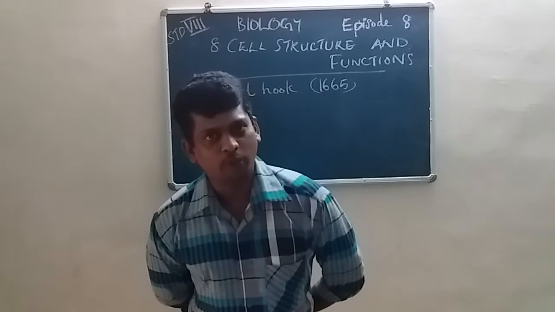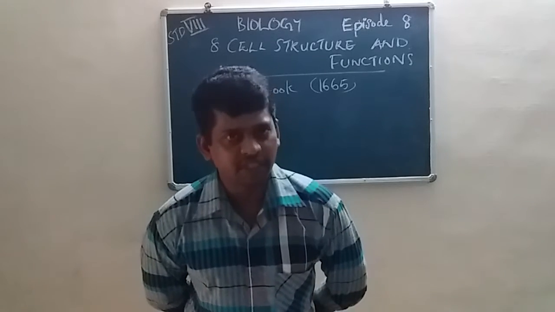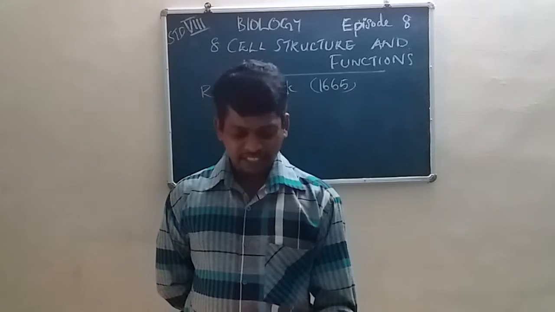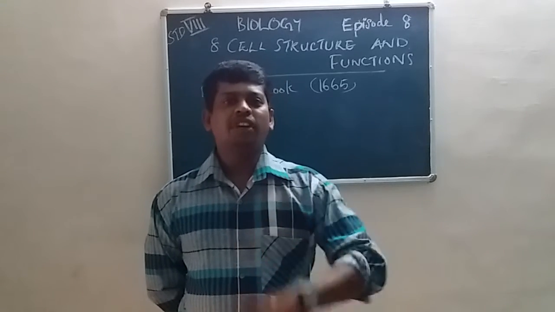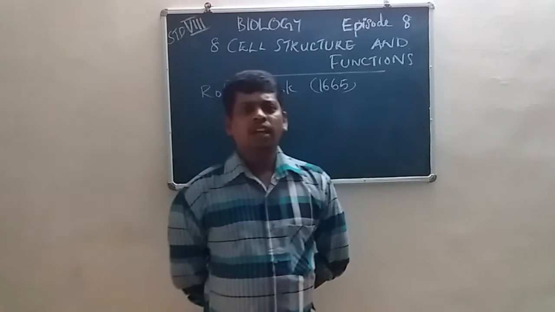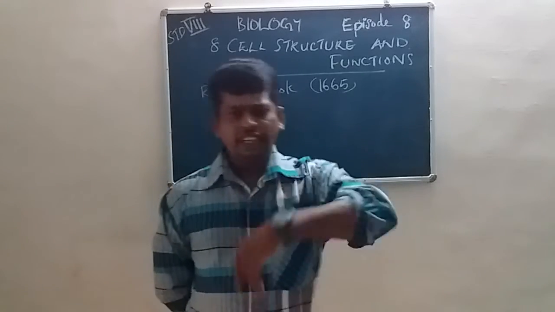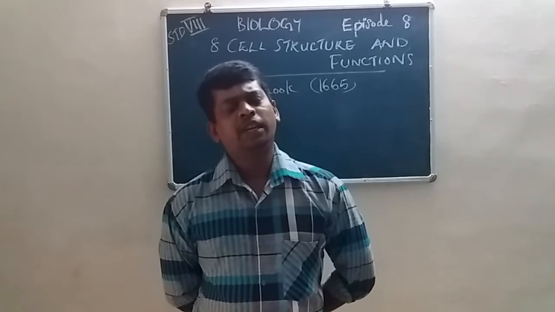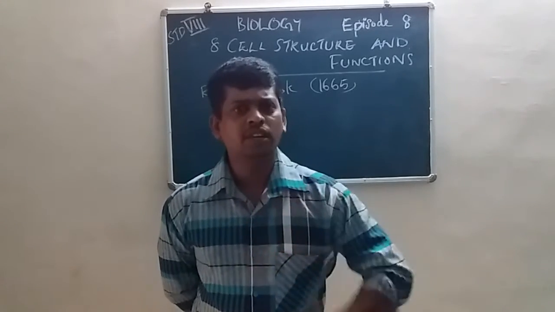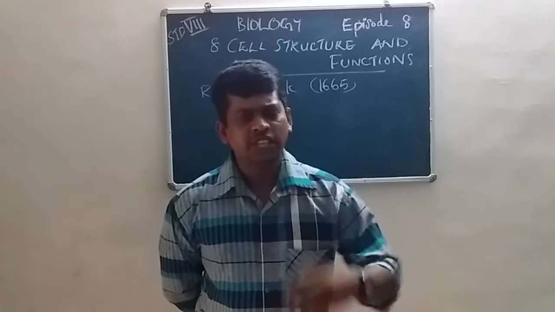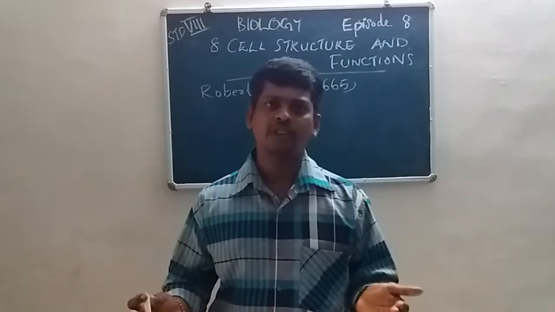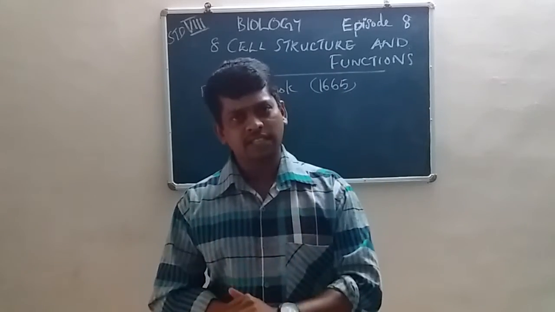Okay, in this chapter we already studied some cell functions and structures. Then we learned about single cellular organisms and multicellular organisms. Single cellular organisms are otherwise known as unicellular organisms.